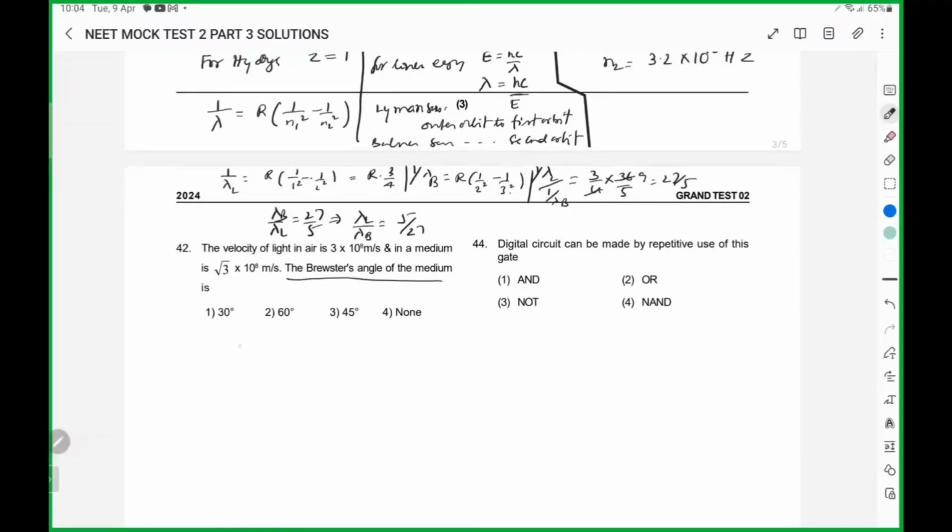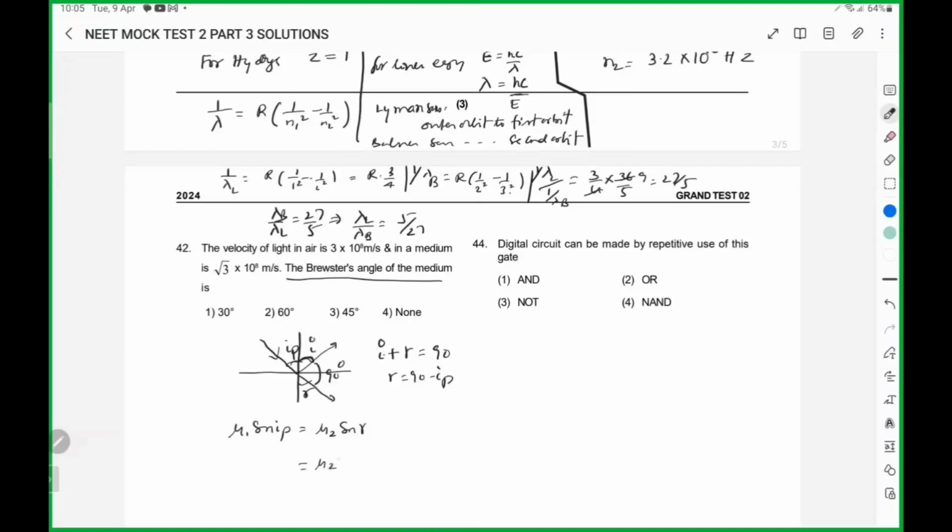Here, the Brewster angle: when a ray is incident on a plane surface, the reflected ray and refracted ray are perpendicular. Such an angle is the Brewster angle. Mu1 into sine IP is equal to mu2 into sine R. Angle of incidence and angle of reflection are the same, and these two rays are perpendicular, so R will be 90 minus IP.